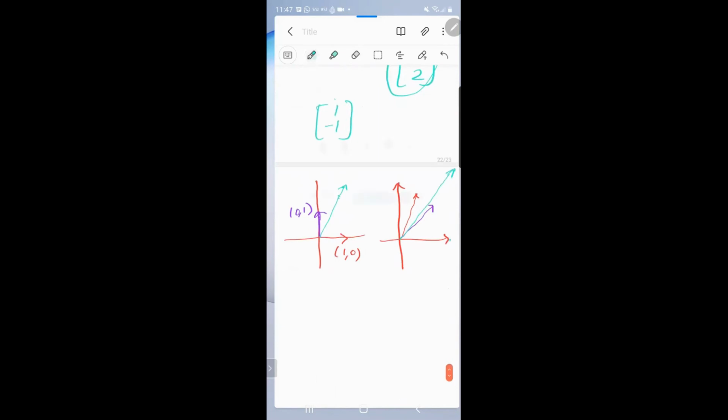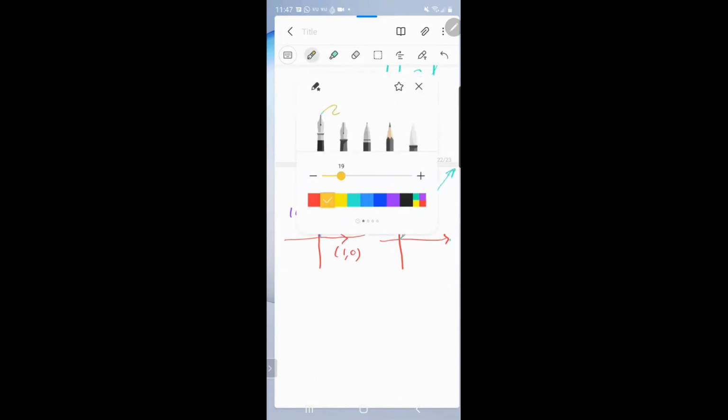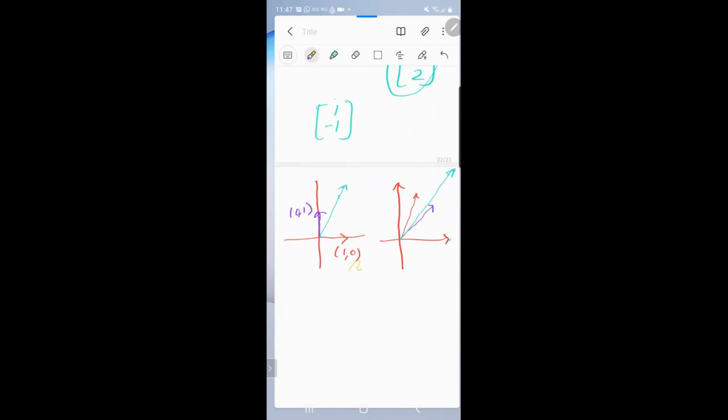So where would 1, minus 1 be initially on this plane? If this is 1, this is minus 1. So this vector 1, minus 1, if you multiply this with minus 1, what happens? Where does the point 1, minus 1 land if you rotate your axis by 180 degrees?